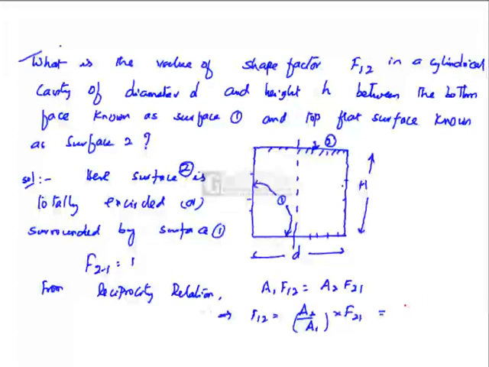What is A2? Pi by 4 d square, that is the circular area of the top flat surface. What is A1? Pi by 4 d square plus pi dh into 1. F21 is 1.